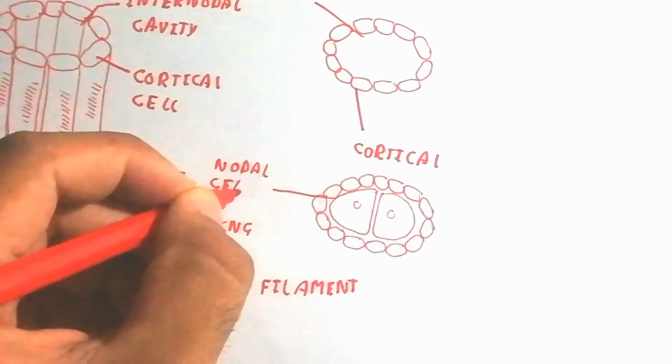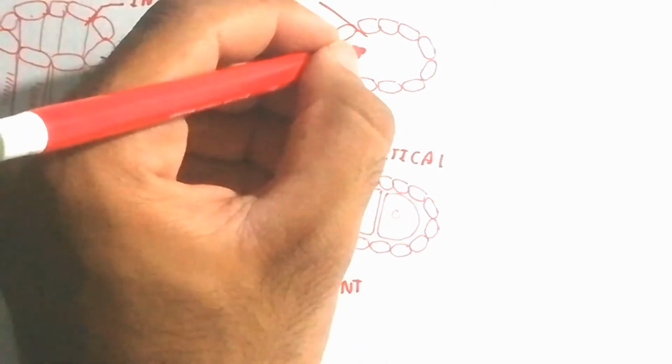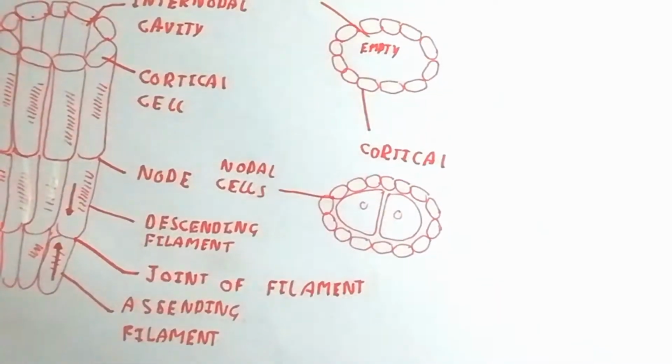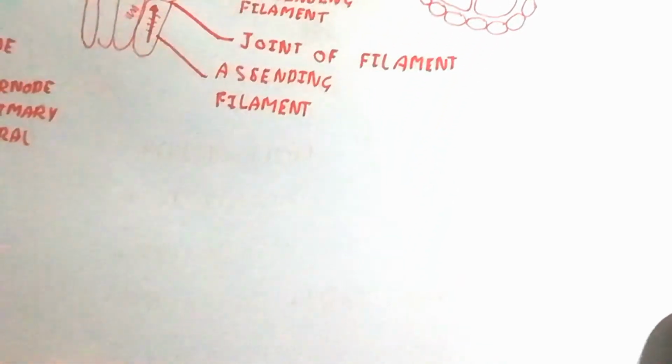Here is the nodal cross section, where the nodal cell is, and the filament contains a nodal cell inside, not hollow but covered by cells. So those are the important things I want to share with you. Comment on this tutorial for any mistake or problem.